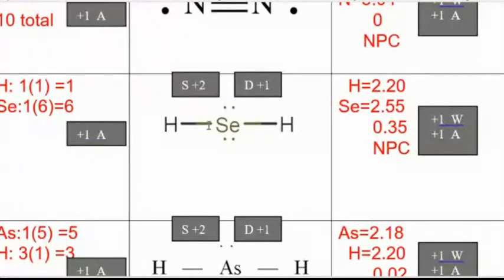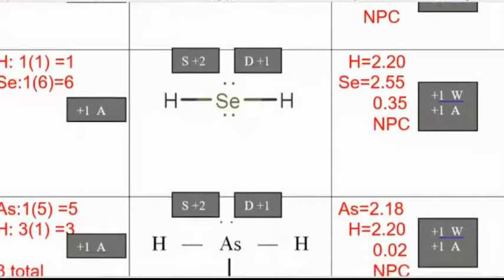So it will form 2 H's and 1 Se. There should be 2 lone pairs on the Se. Structure is 2 points all or nothing. You don't draw a dipole because when you subtract the electronegativities, you get 0.35, which is nonpolar covalent.